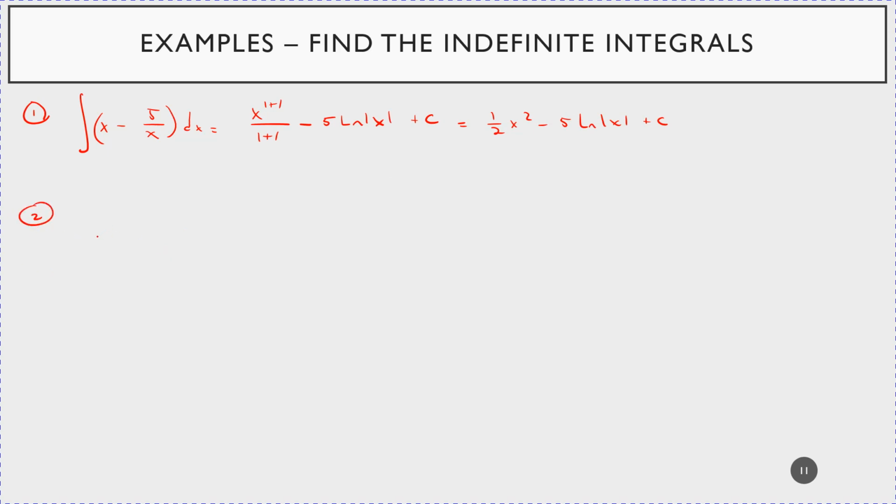All right, let's look at this one. Let's integrate 4 over x minus cosecant of x cotangent of x dx. All right, well, again, this is 4 times 1 over x. So this is going to integrate as 4 times the natural log of the absolute value of x. All right, then minus, well, now let's see what cosecant x cotangent x integrates as.